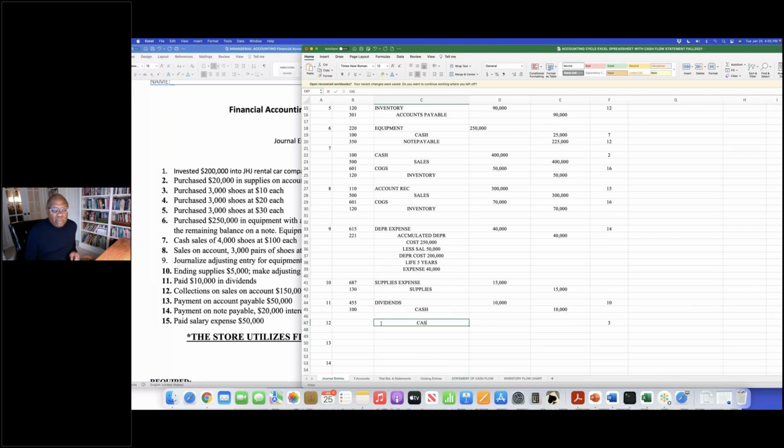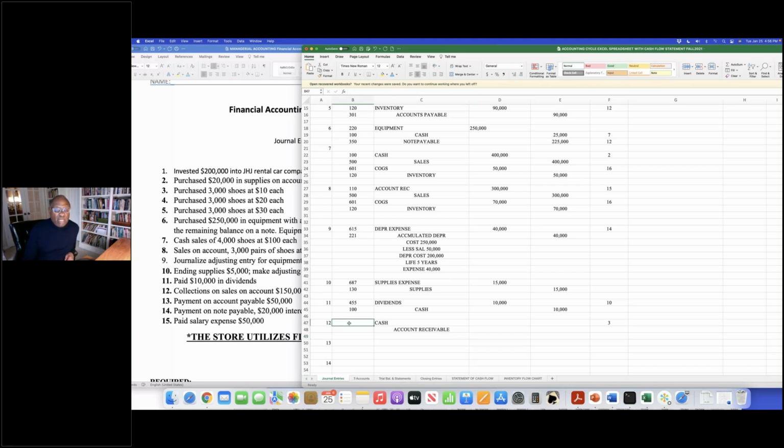What do we credit? Accounts receivable. Credit accounts receivable. Notice that when we collect on account, we debit cash and credit accounts receivable, not sales.